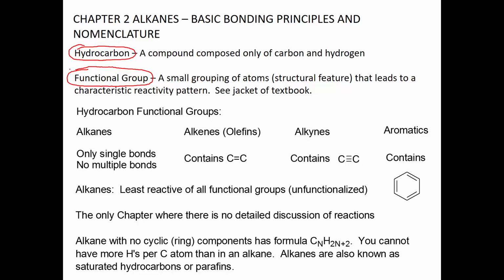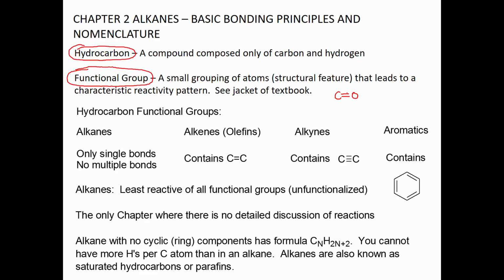And you can see the jacket of the book for a list of common functional groups. Let me just illustrate that. Many of the later chapters in this course are concerned with compounds that have a carbon-oxygen double bond. And that's a good example of a functional group. The carbon-oxygen double bond has a characteristic reactivity pattern.